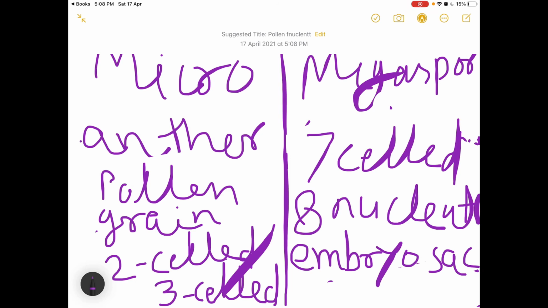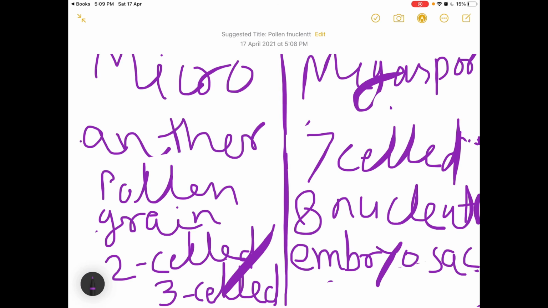And what are those cells? Vegetative cell and generative cell. Vegetative cell will form pollen tube and generative cell will form the male gamete. And in some species, when pollen grain is shed from the anther, it is found in three-celled stage. The generative cell already has divided and will have formed the two gametes.